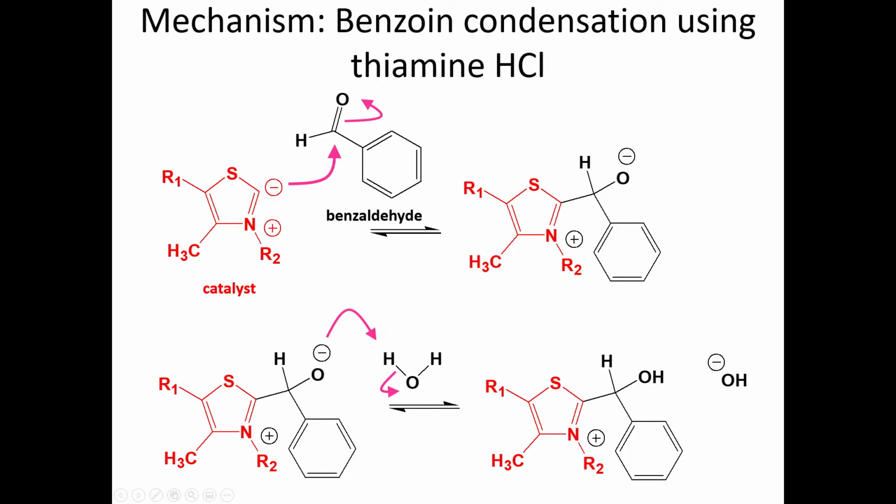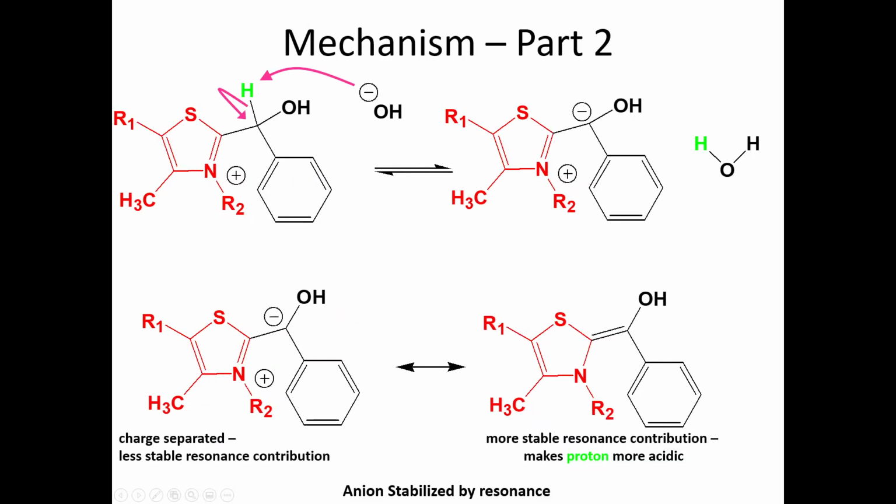Once this negatively charged oxygen forms, it is able to take a hydrogen from a water to form an alcohol. And what we're left with is another hydroxide molecule. That hydroxide molecule that has been formed can come back and deprotonate the hydrogen that was left over.